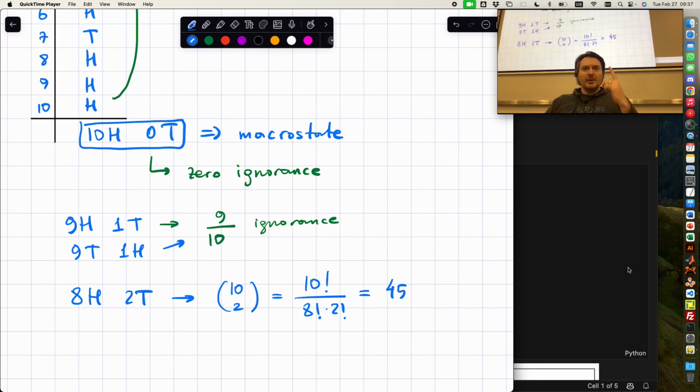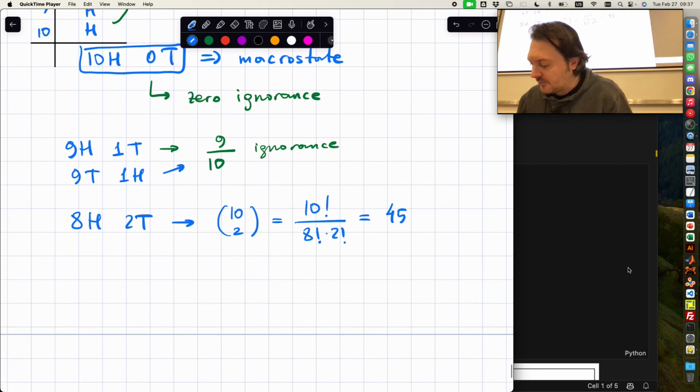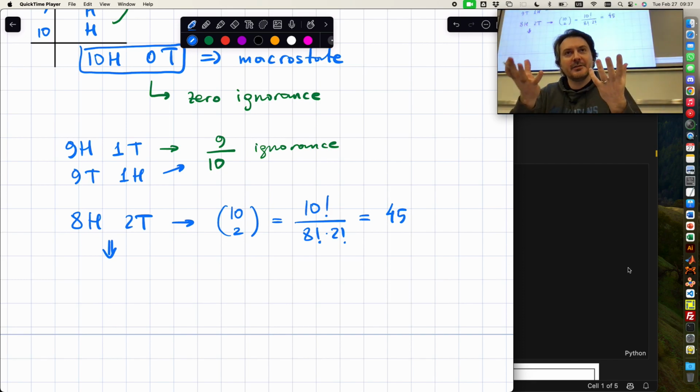So my ignorance went up. It's now 44 over 45. Okay? So what I'm trying to arrive at is that as the number of heads and tails become equal, the number of possibilities in microstates grow exponentially.